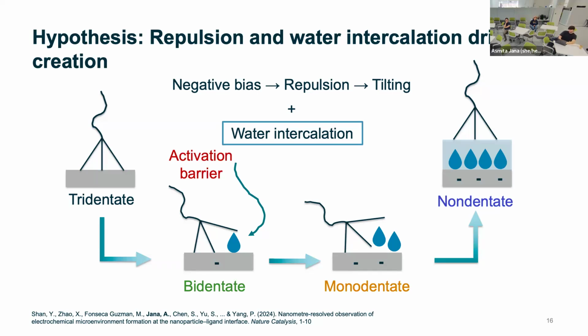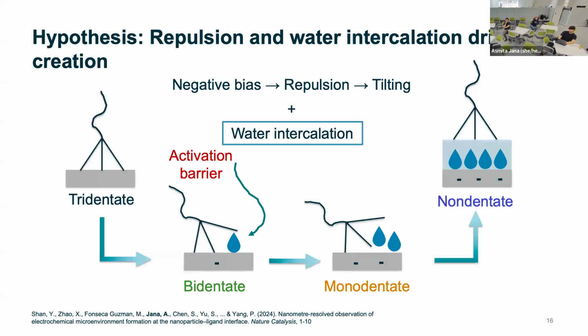The more negative potential you apply onto the system, the more the ligand is going to detach and tilt away, and the more water would be trickling in, until finally you apply so much negative bias that it's completely repelled away and completely detaches. The pocket that forms between the detached ligand and the surface on the bottom is going to be filled with water. So this is the hypothesis behind creating the non-dentate or nano-confined structure, and it's a combination of repulsion, tilting, and water interpolation.